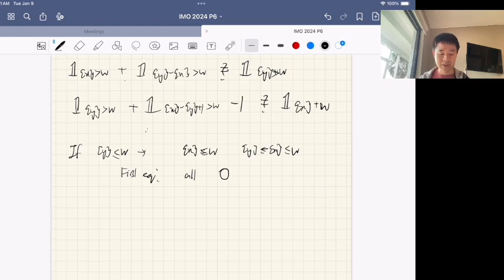Now what happens if x is greater or equal to w? Now the fractional part. So if the fractional part of x is greater or equal to w, then the same goes for y. Sorry, it should be greater than.